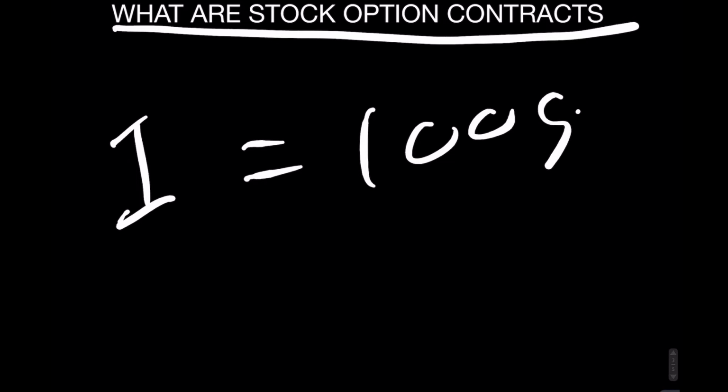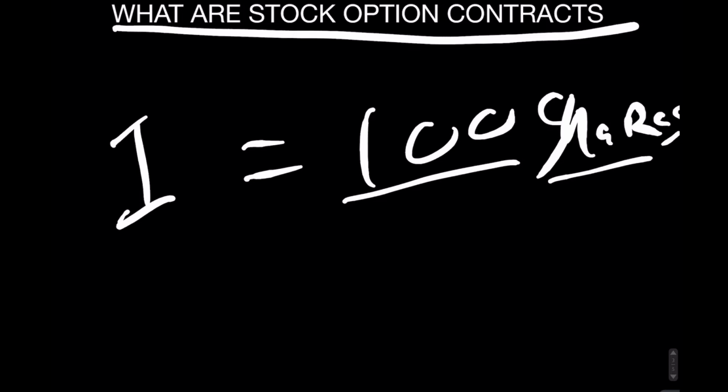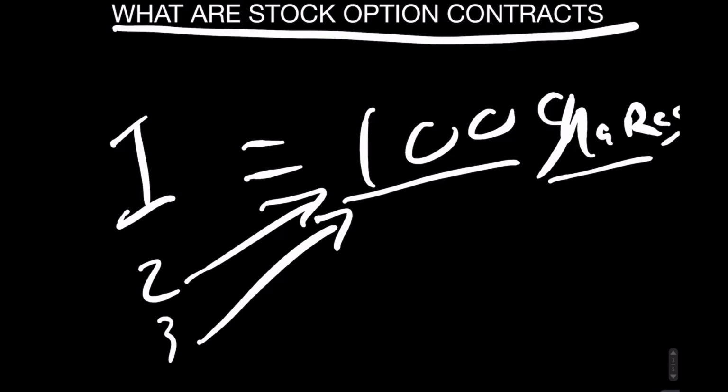First things first, you need to understand that one options contract is equal to 100 shares of the underlying security. Anytime you see 2, 3, 4, 5 contracts, you are multiplying that by 100 shares to understand how much money you are going to use to place your trades.